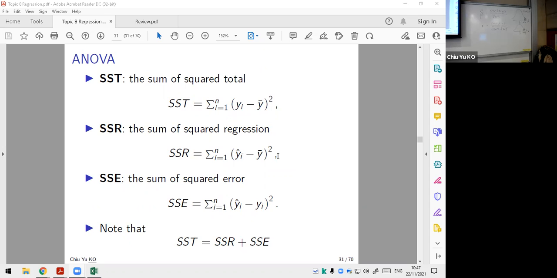Suppose you want to predict y. If x is not useful at all, you actually use y bar here, right? That means if you exogenously fix this to 0, what you predict, yi hat, is just y bar, which is just alpha hat.